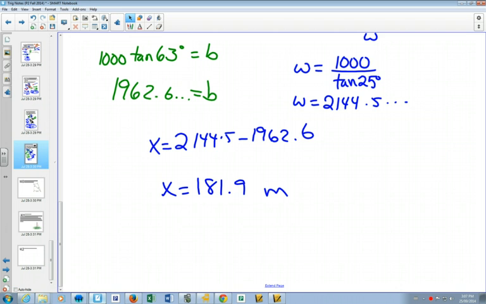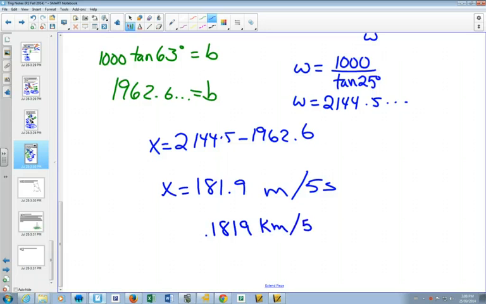Right, but it's only 5 seconds. Because you want to go for kilometers per hour. This is how much it goes in 5 seconds. So if you multiply that by 20, you'll find out how far it goes in a minute. If you change it to kilometers, it's 0.81 kilometers per 5 seconds.